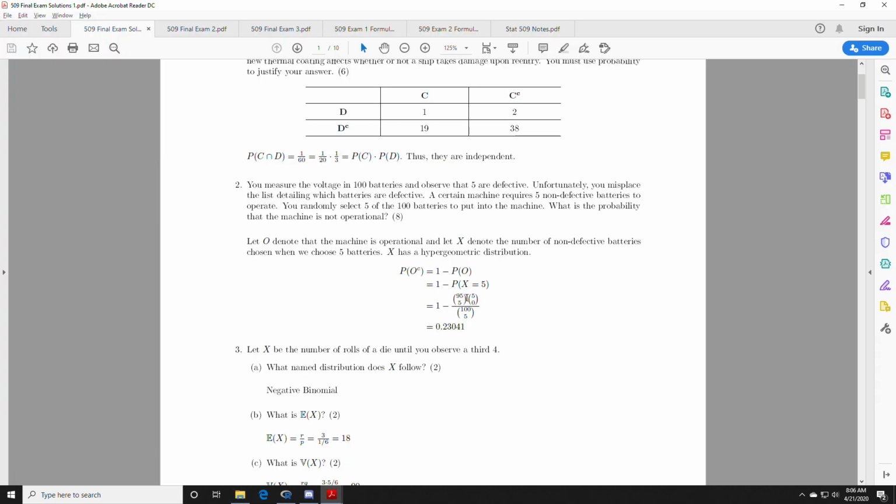For example, 95 choose 5 is 95 factorial divided by 5 factorial, and then in the denominator also 95 minus 5 factorial, which is 90 factorial.